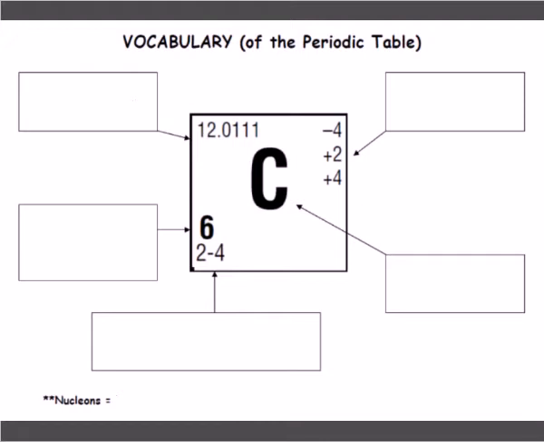It gives you a key. So you guys should never have questions as to what this is or what it isn't. Top left corner, you'll find a number with a lot of decimals. What is that number? Yeah, it's the atomic mass. And there's your definition for it, guys, up on the screen. Atomic mass, it's the average mass of all the isotopes, which we'll talk about in a few minutes.